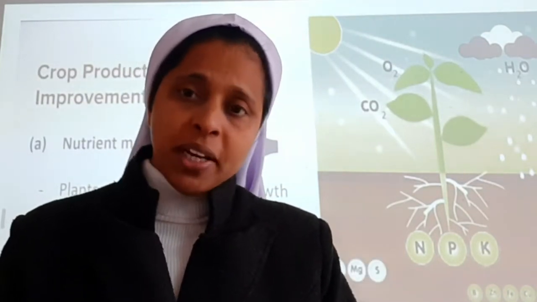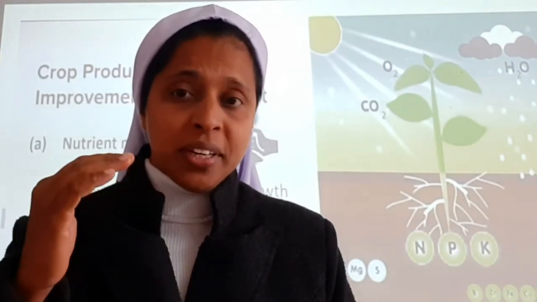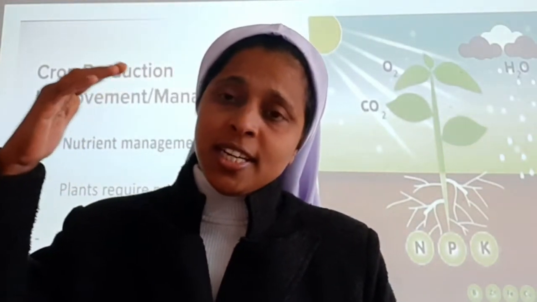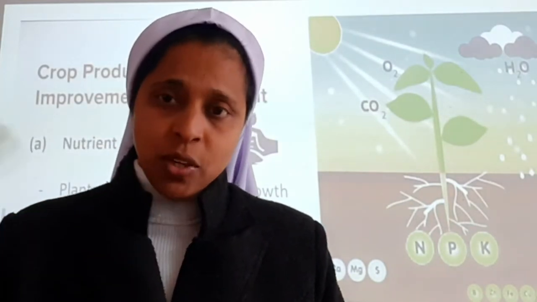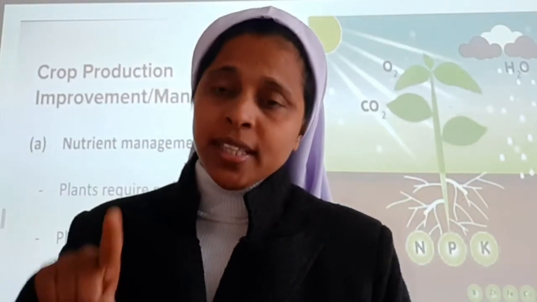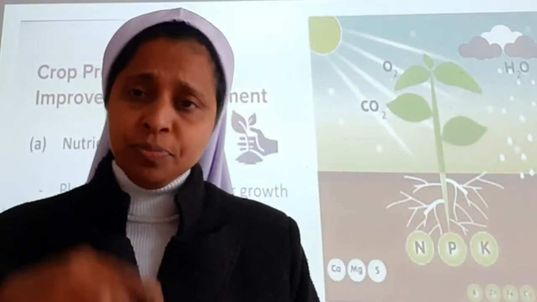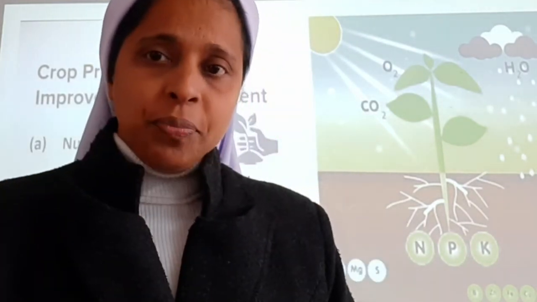These are needed in lesser amounts. Macronutrients, needed in higher amounts for the growth and development of the plant, could be nitrogen, phosphorus, potassium, magnesium and sulfur. So these are regarding micronutrients and macronutrients.